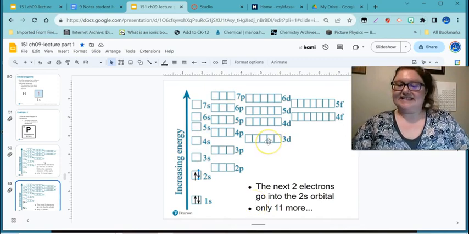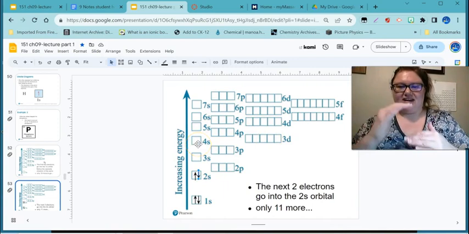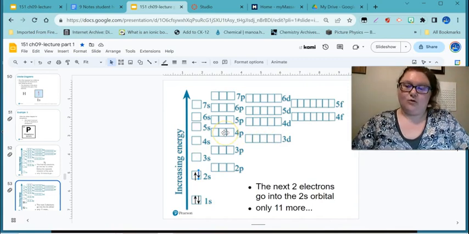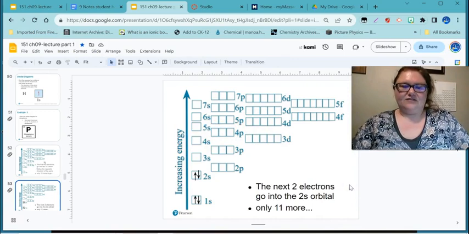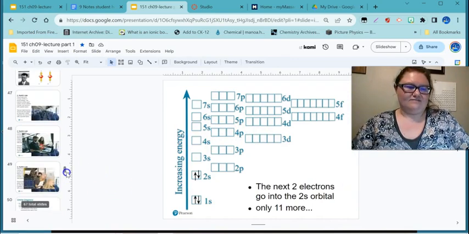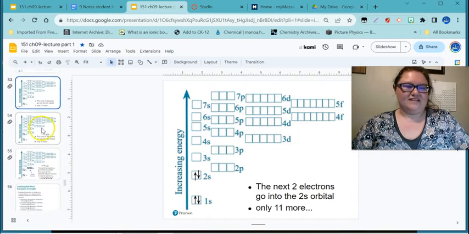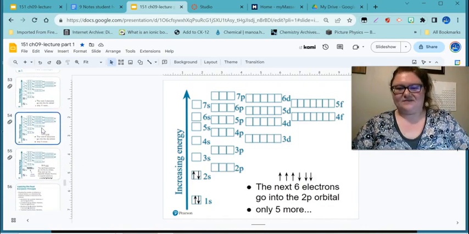And then when we get to the d, we're going to fill it. It's kind of squished because of making it fit on the page. So 4s is first, then 3d, then 4p. So it's going to go that way. Sorry, this is kind of messy, I suppose. We go to the next slide this way.